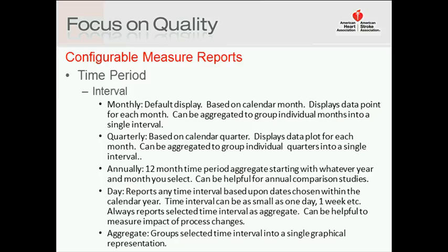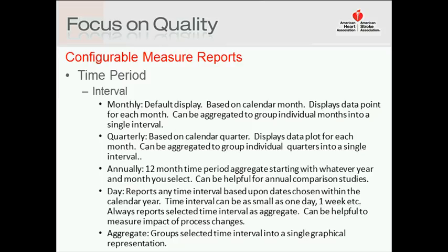The day range is something that you may not be aware of, but this actually allows you to choose a time interval that could be as small as 1 day, could be a week. You decide how long the time period is that you want to look at. The one thing that I want to point out about this report is that these range of days that you select is always going to be aggregated.